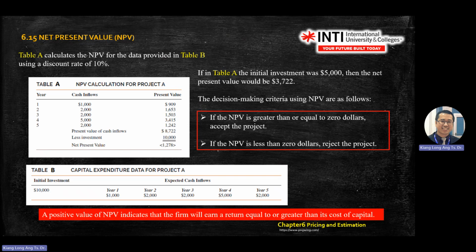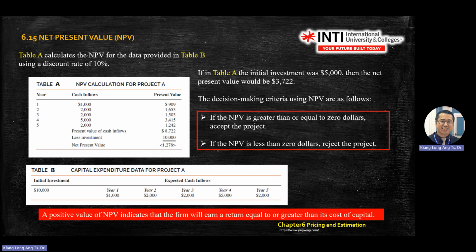Write these two statements before you give your conclusion, after you have done all these calculations. It's important. This one is 1 mark, this one is 1 mark at least. You write, if the NPV is greater than 0, accept the project. If the NPV is less than 0, reject the project.